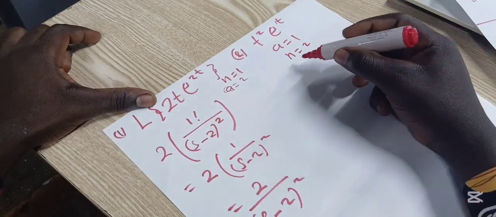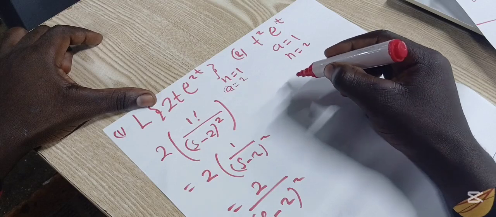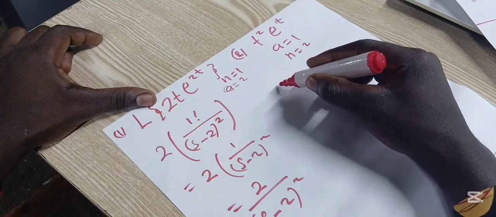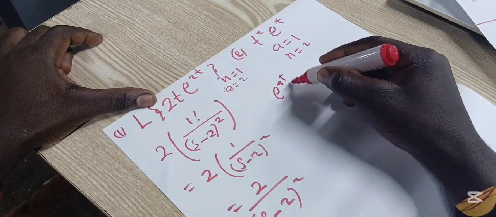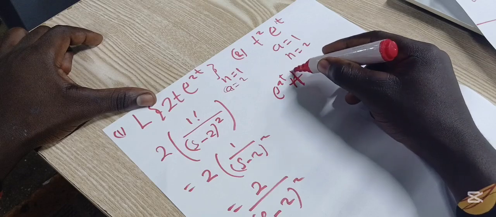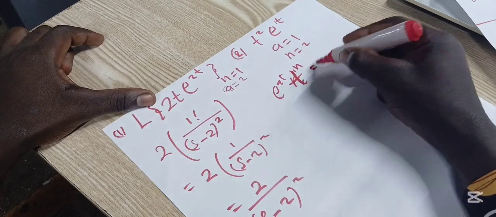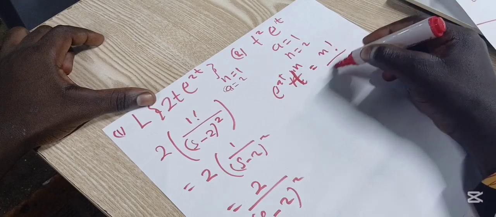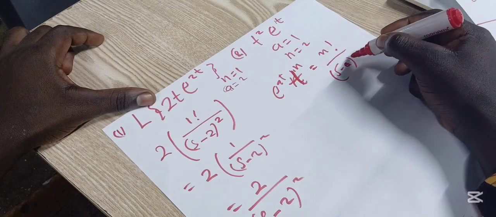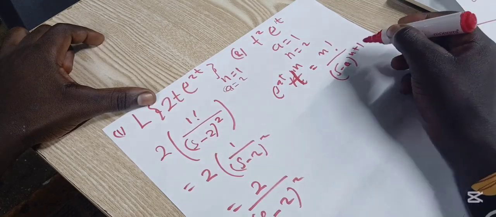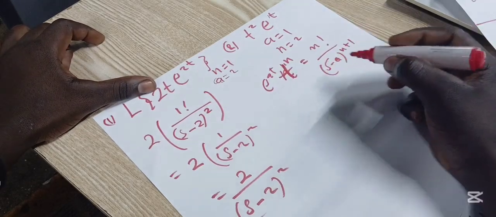So we are going to get, for the function e to the power at times t to the power n, n factorial over s minus a all to the power n plus 1. So now that we know our a and our n, so let's start.